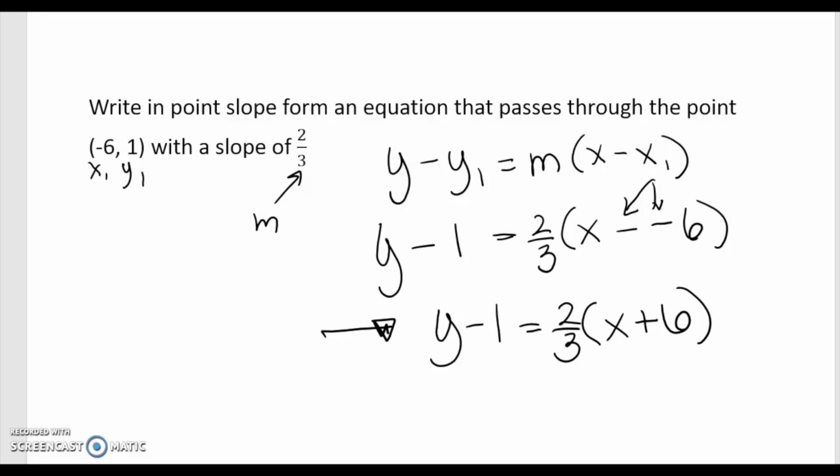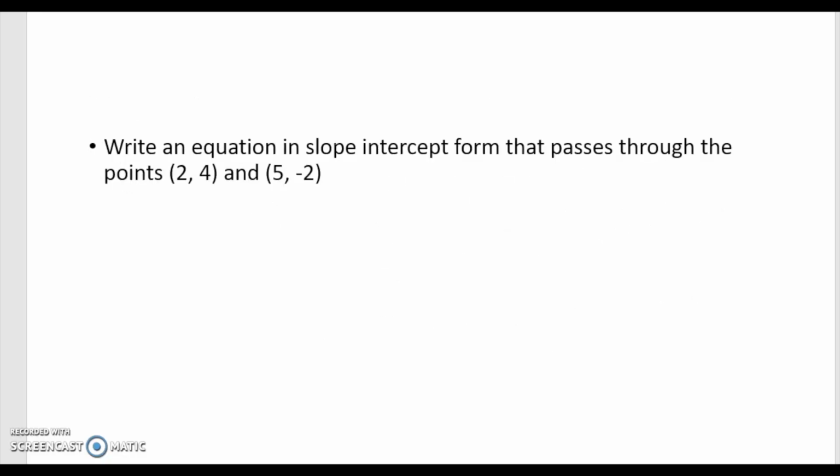point-slope form. Now, sometimes we aren't told the slope, but we're told two points. And in that case, we would have to first find the slope. So we're going back to our slope formula, y2 minus y1 over x2 minus x1.